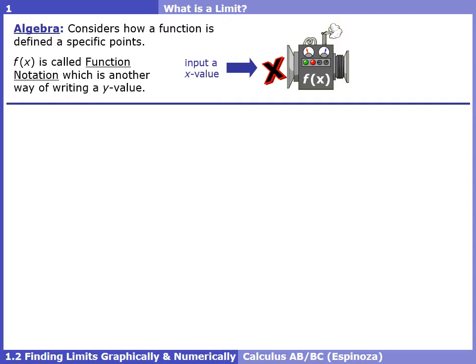And then whatever that value is, as we compute that using the function, it's going to spit out a y value. And that makes sense anytime we were considering plugging in numbers into functions, especially if it was written in function notation. That x value is being inputted into our function, and then we did the arithmetic to figure out what the y value is for that particular x value.